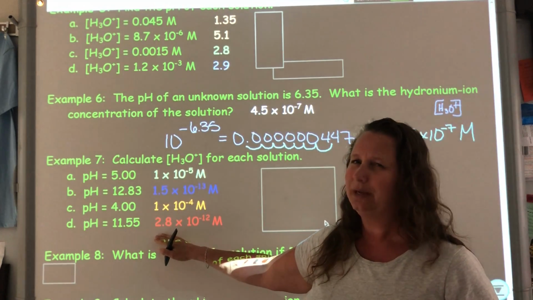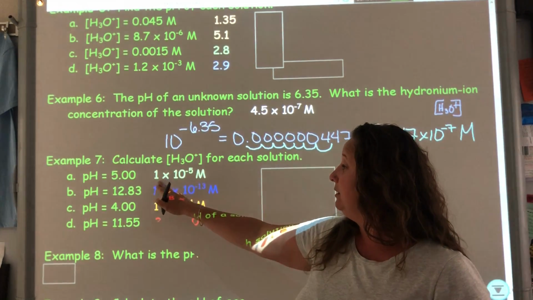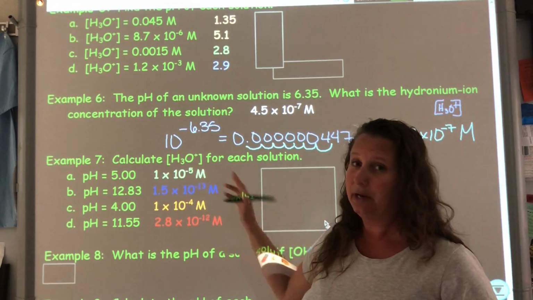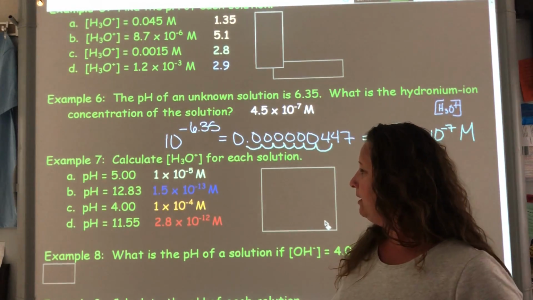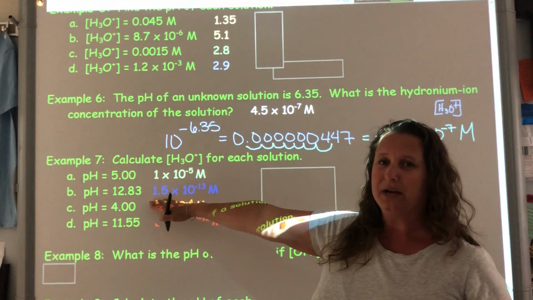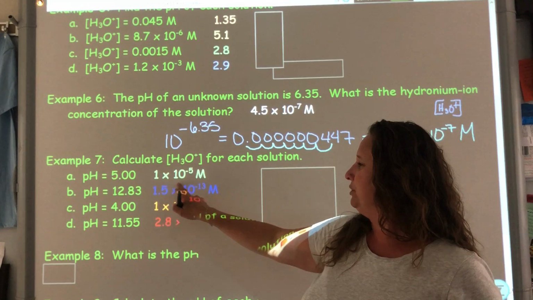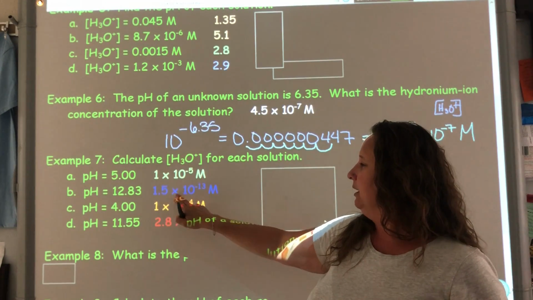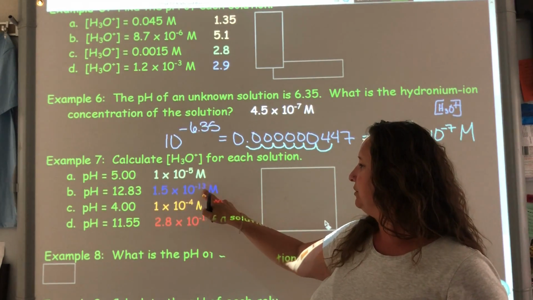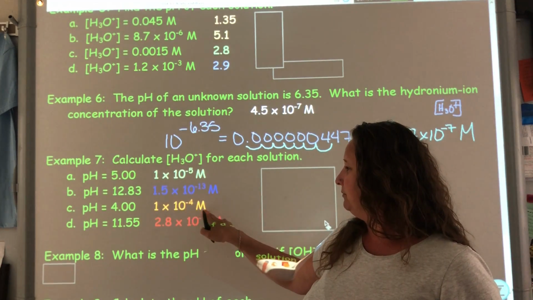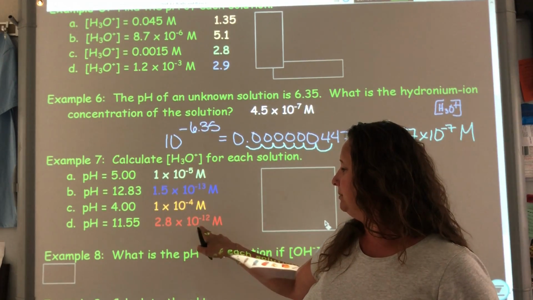I definitely need to work on that in the future. But 1.00 times 10 to the -5th would actually be correct sig figs. If you can't see this at home, sorry, I just love this blue color. 1.5, oh, there should be 2 more figures up here, times 10 to the -13th molar. 1 times 10 to the -4th, and then 2.8 times 10 to the -12th.